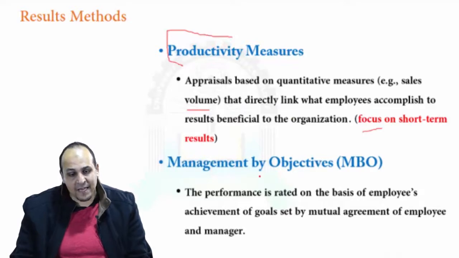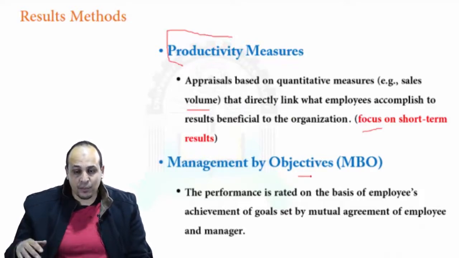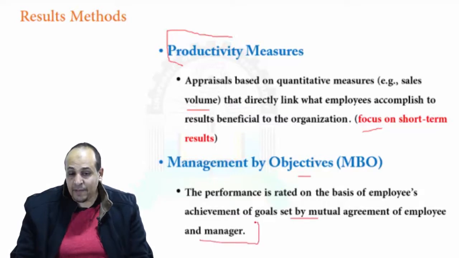And then we have managing by objectives. Objectives have been set, and the extent to which these objectives have been accomplished is a way of appraising the performance of the people involved in achieving them. So the performance is rated on the basis of employees' achievement of goals set by mutual agreement of employee and manager.